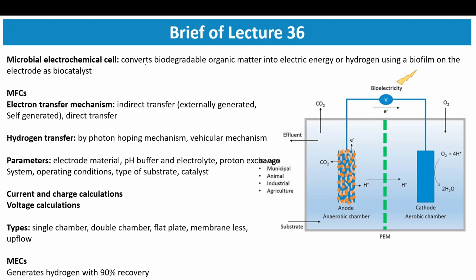Now, here again, our aim is to convert biodegradable organic matter, first into carbon dioxide, right? But here we are using an electrochemical cell, which will further produce electrical energy or hydrogen, which is again a fuel.